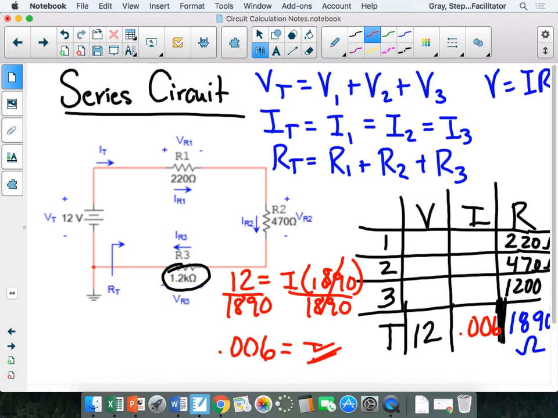Now, what do you know about current, though, in a series? Look. In a series circuit, current is always the same. So now that I know one current, I know them all. Make sense? I know all the currents now. Because in a series circuit, currents are always the same.